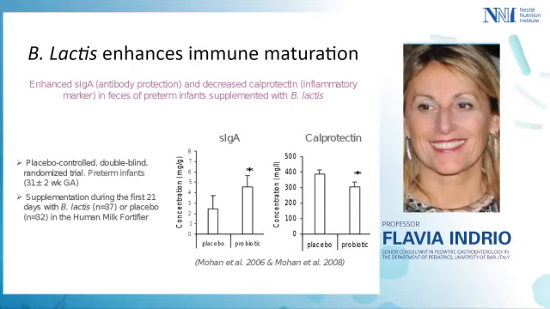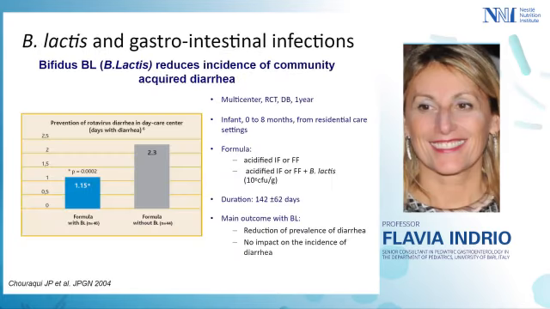The marker of inflammation of the intestine is reduced when the baby is supplemented with this strain of Bifidobacterium, and there is also an increase in serum IgA levels. So enhancing the immune system, reducing inflammation, always with supplementation of the strain.